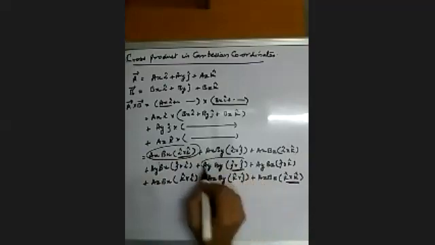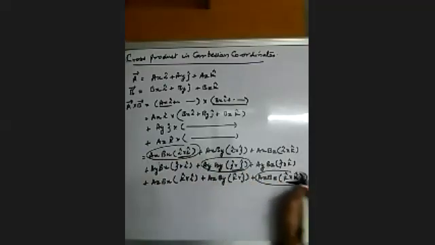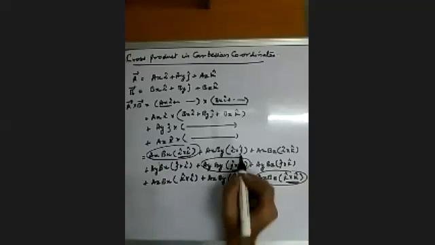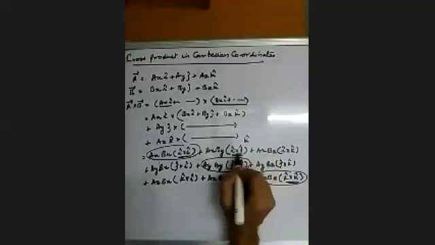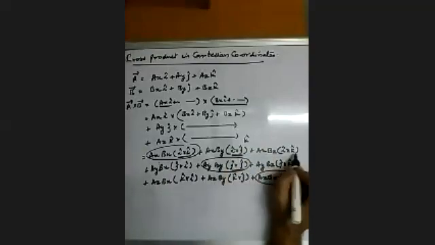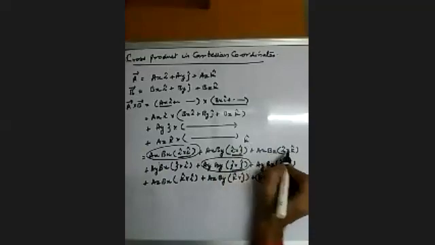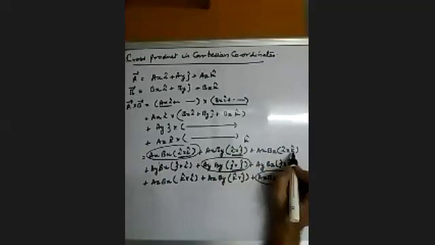So these three will become 0. Now i cross j will give you k cap because the angle is 90 degrees, and k cross i gives you j cap, but now i cross k is like the reverse, so it will be minus j cap.